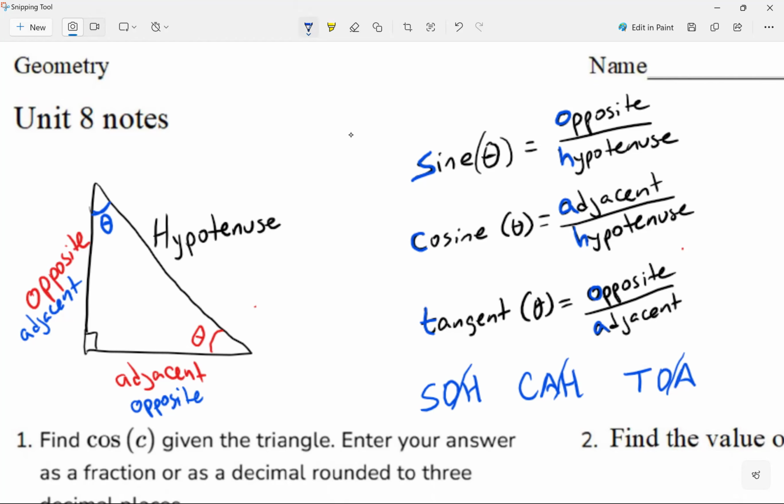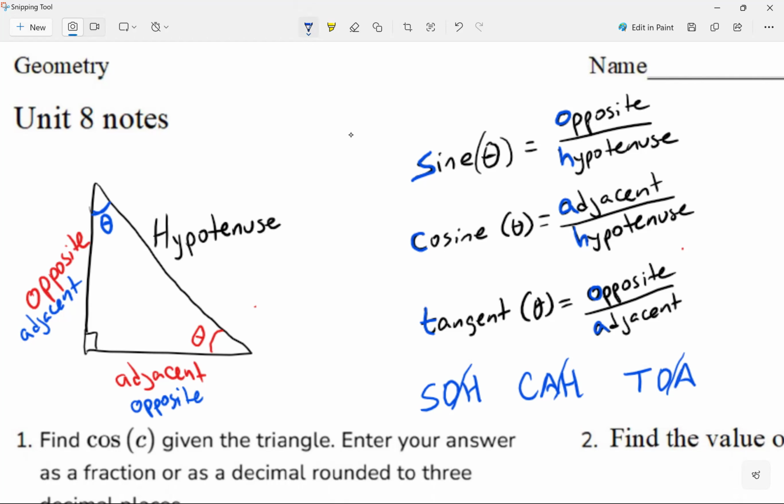Now, one more thing I want to mention as well. When we read the words sine, cosine, and tangent, thinking of calculators mainly, the whole word is not going to fit, especially tangent. Imagine the word tangent on a key on the calculator. The letters would be very, very small. So we're going to abbreviate the word to the first three letters only.